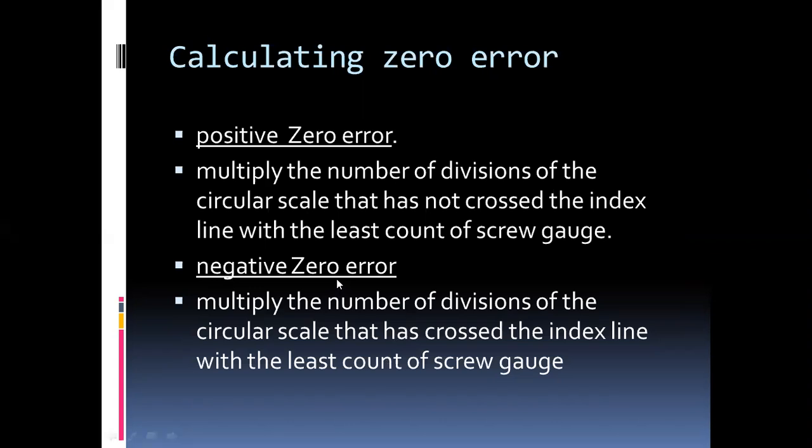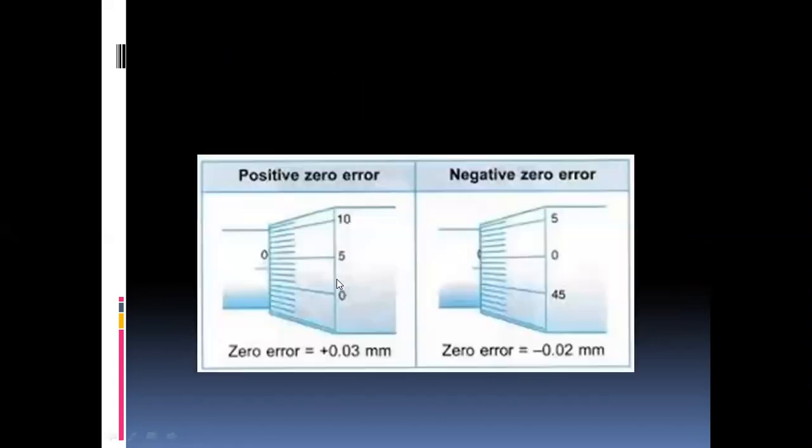In the positive zero error, look at this figure. The first figure is showing a positive zero error. Now, we have closed the stud and the spindle, and we see that this is the zero of the circular scale, and it is under the zero of the index line.